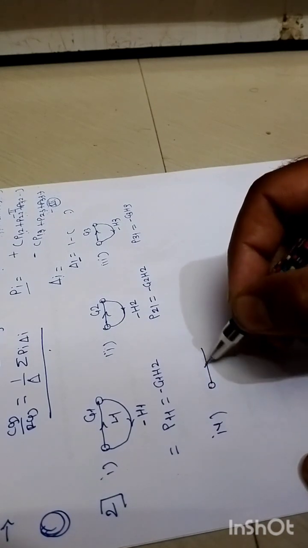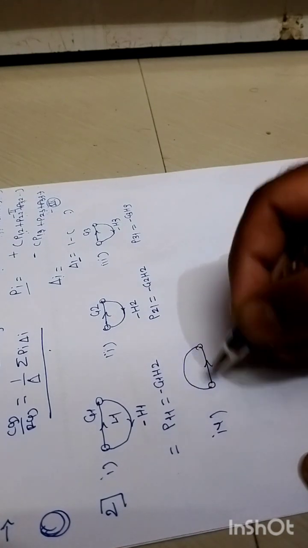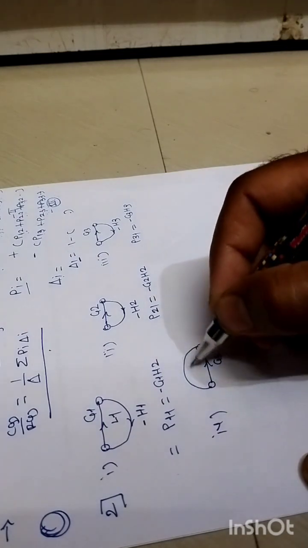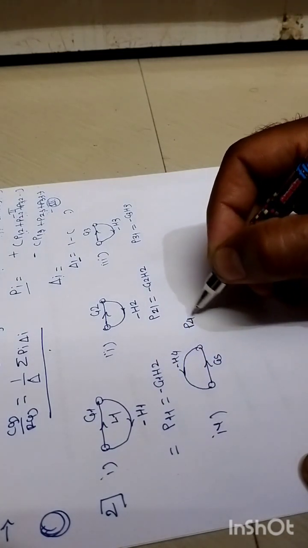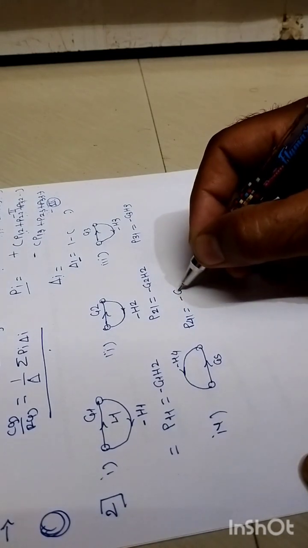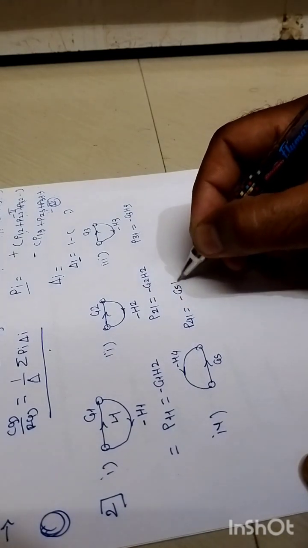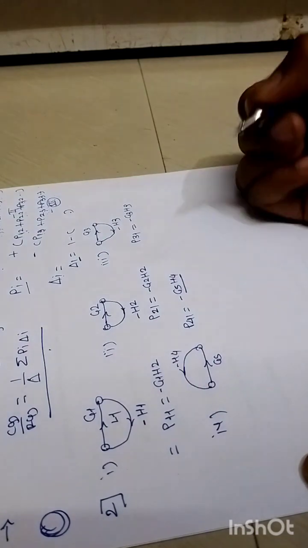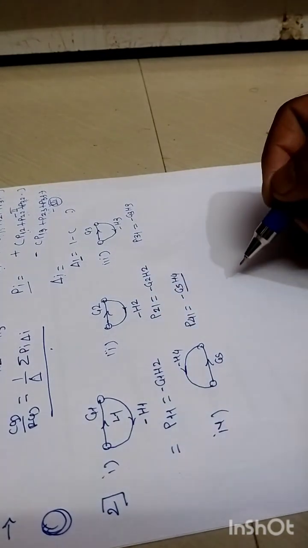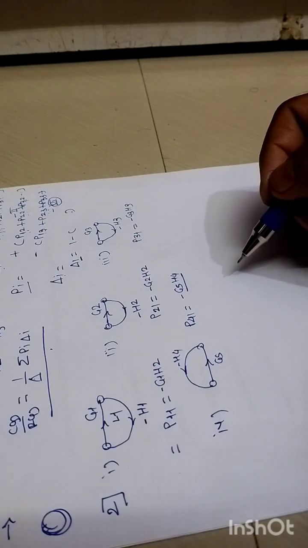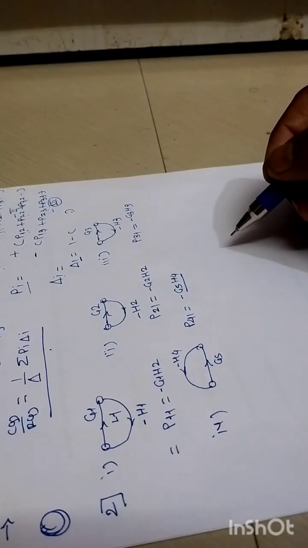In this way, this is g5 and minus h4. So the gain of the fourth individual loop equals minus g5 times h4, right?